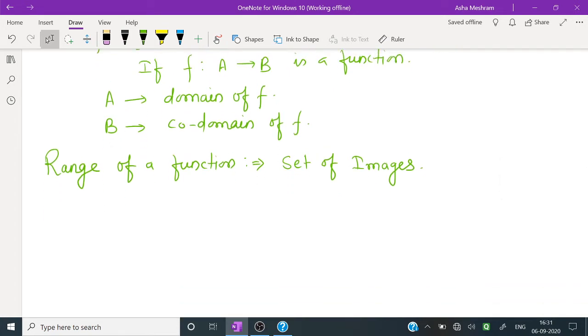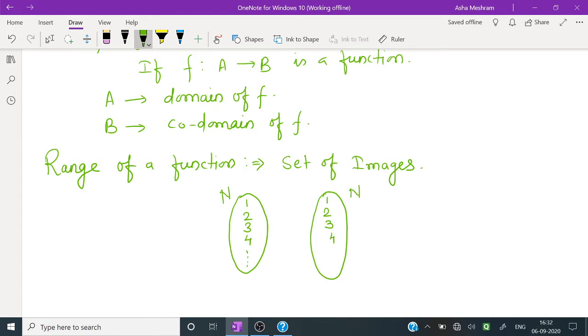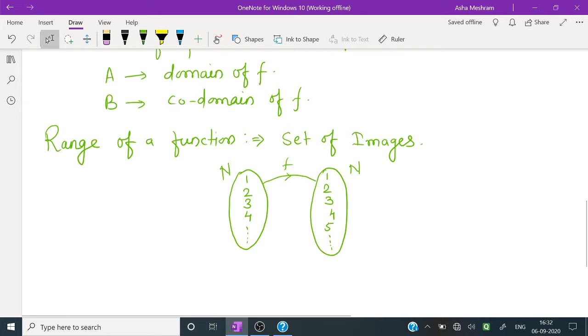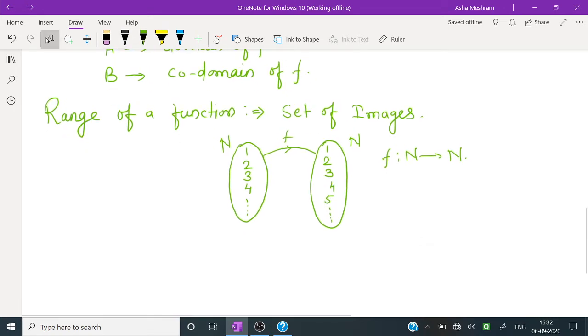So in general, I define one function. Suppose this is the set of all natural numbers 1, 2, 3, 4 and so on, and this is also the set of natural numbers 1, 2, 3, 4, 5 and so on. I define one function named f, from N to N, the set of natural numbers to the set of natural numbers.